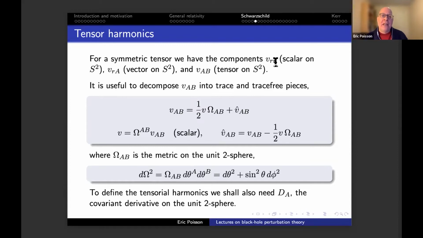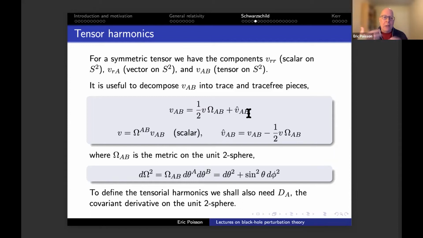So I'm introducing this kind of decomposition of quantities on the sphere: scalar, vector, tensor. Then I'm decomposing the tensor into a trace-free part, which is going to be another scalar, and then a true tensor that will be, by definition, trace-free. Once I've done that, I've basically decomposed everything into the smallest pieces possible.